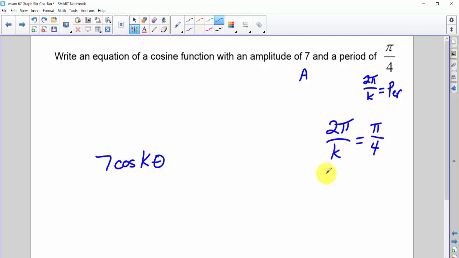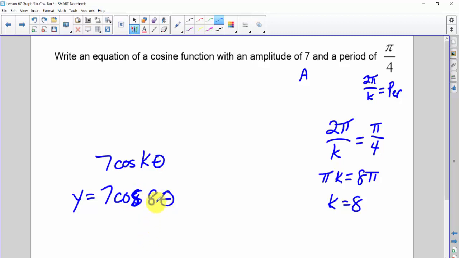I need to solve that. I can do it a lot of different ways. I'll do a cross product just for fun. So I multiply diagonally, and then I want to get k, so k in this case is equal to 8, and then y equals 7 cosine of 8 theta, or you could say 8x, it really doesn't matter.